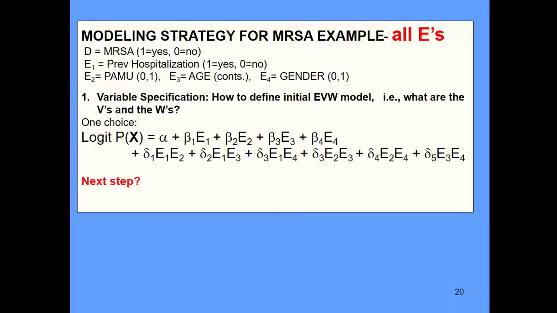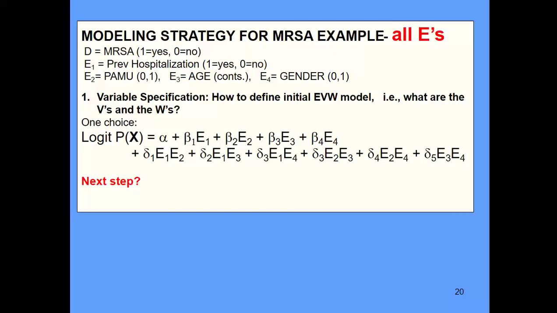Isn't that different from the two models, the previous things we've done? Very different. Okay, what do we do here? Well, you notice there are no V's in the model, right? There are no V's in the model at all. So if we're talking about the modeling strategy and there are no V's, do you have to worry about confounding?